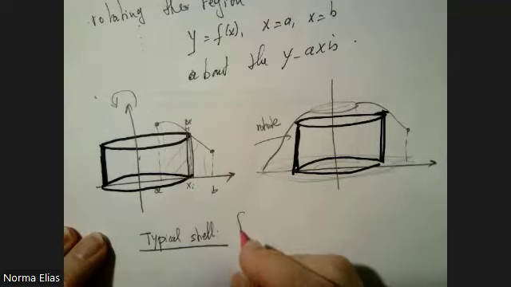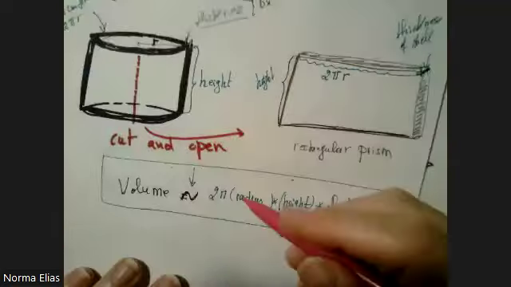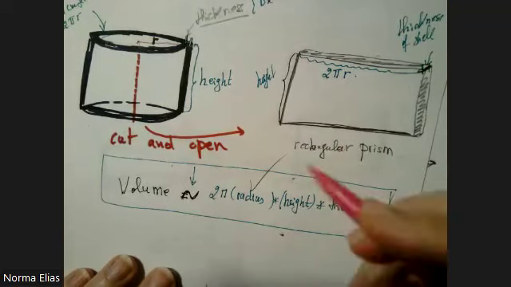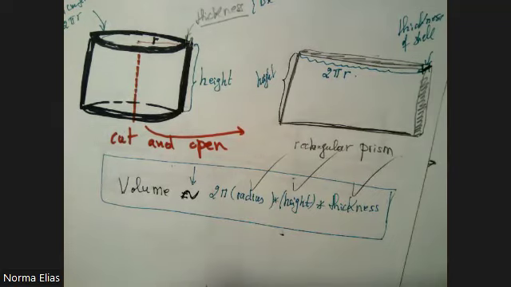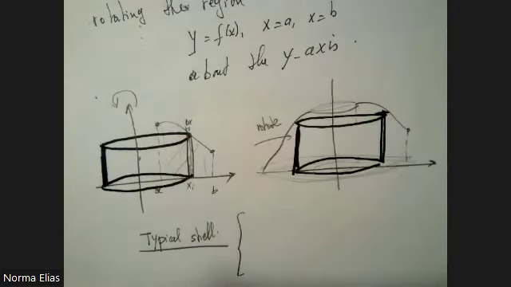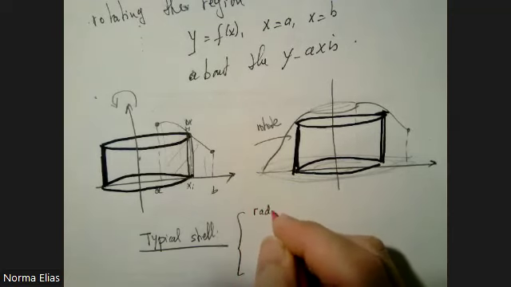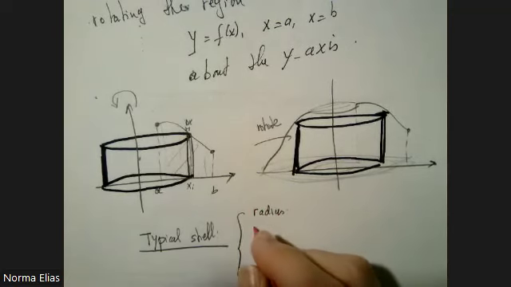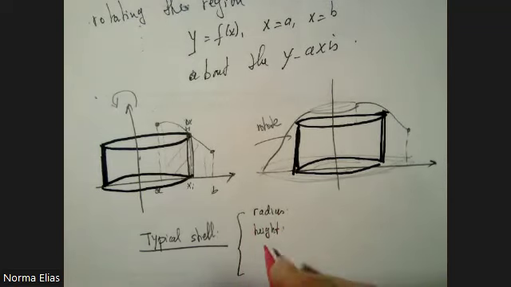To find the volume of the shell, the three ingredients are radius, height, thickness. When I find these, I find the whole volume. So radius, height, thickness, volume.